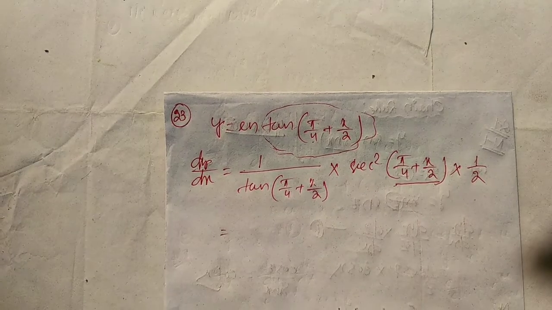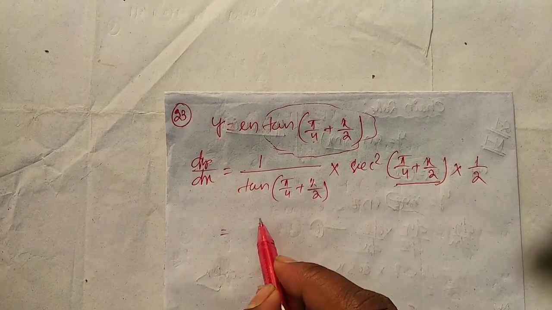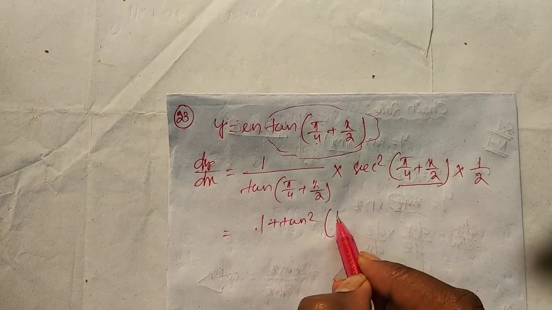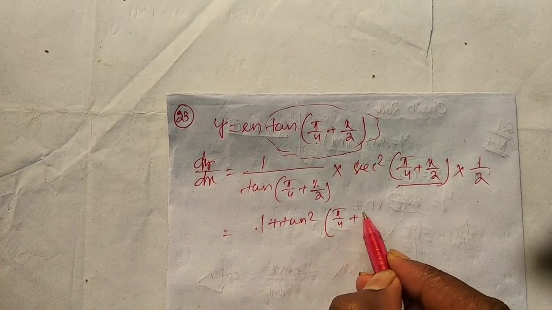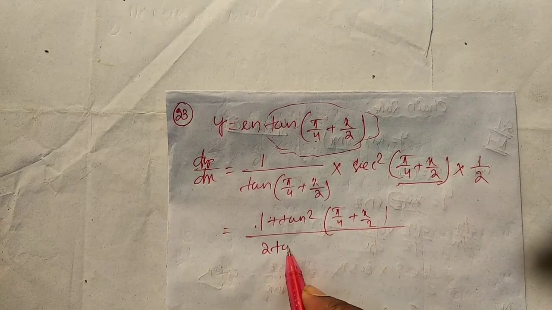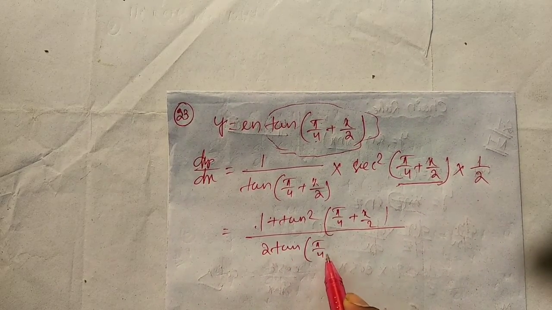Okay, sec square can be written as 1 plus tan square of 5 pi by 4 plus x by 2, and in the denominator it will be 2 tan of 5 pi by 4 plus x by 2.